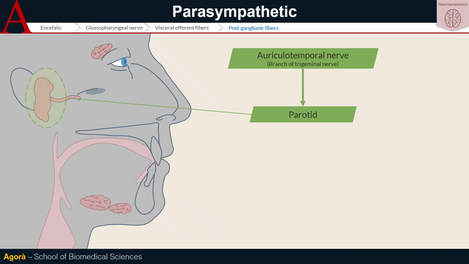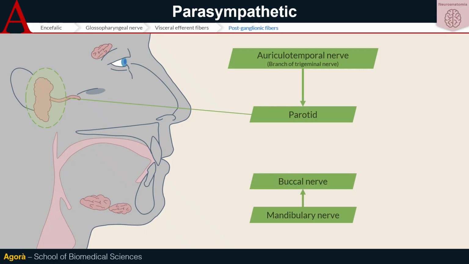Following the pathway of this nerve, they reach the parotid gland, enabling its secretion. Other postganglionic fibers pass through the mandibular nerve itself and then enter the buccal nerve and reach the glands located at the level of the lips and cheeks.